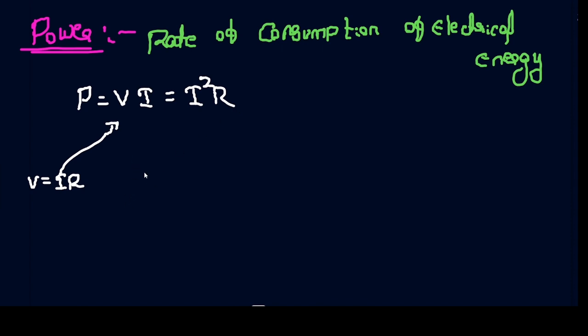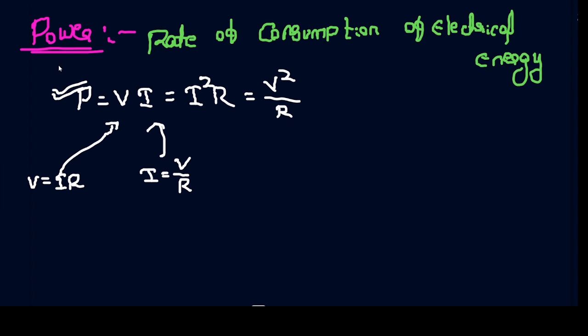And you also have one more relation, I equals V by R. If you substitute that, then again you will get V square by R. So these are the formulas to find the power.